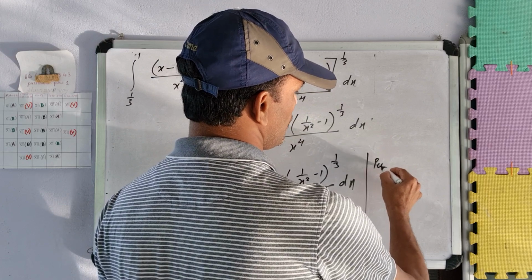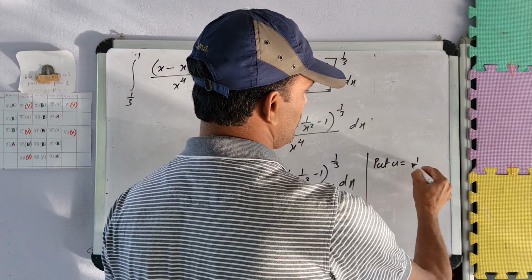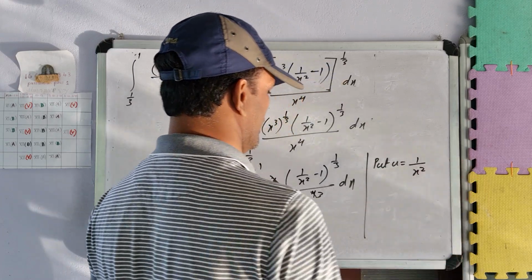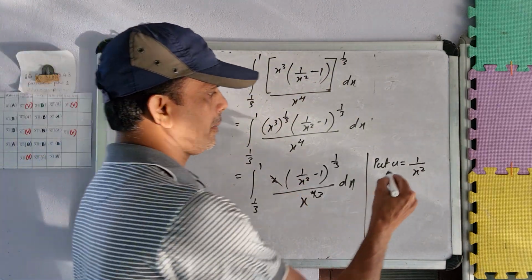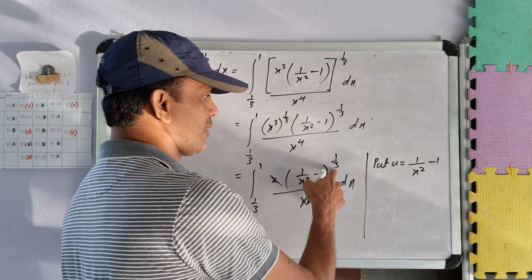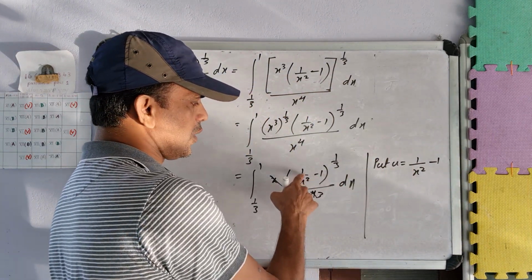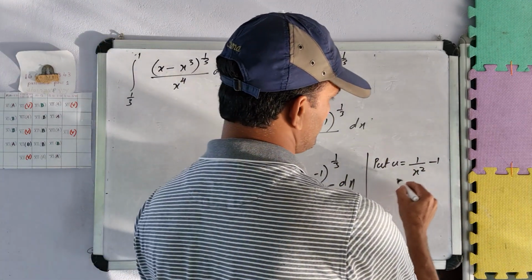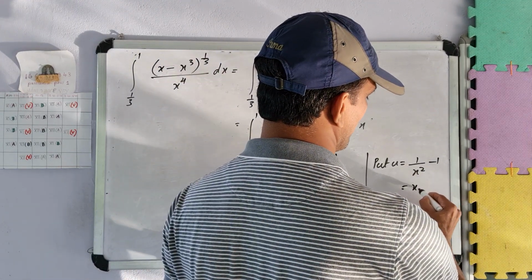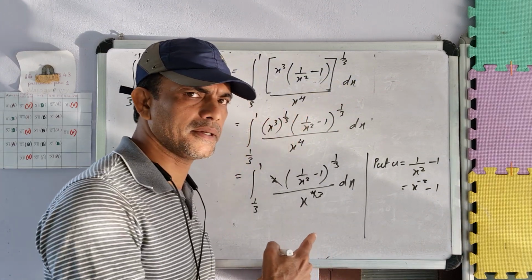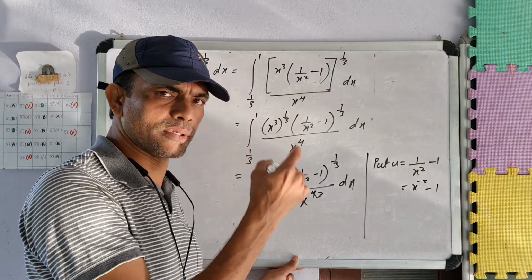I'll put u equals 1 over x squared minus 1, so the whole term is taken as u. And to make you comfortable while you differentiate, I write it as x raised to negative 2 minus 1. Am I right? So 1 over x squared is x raised to negative 2.